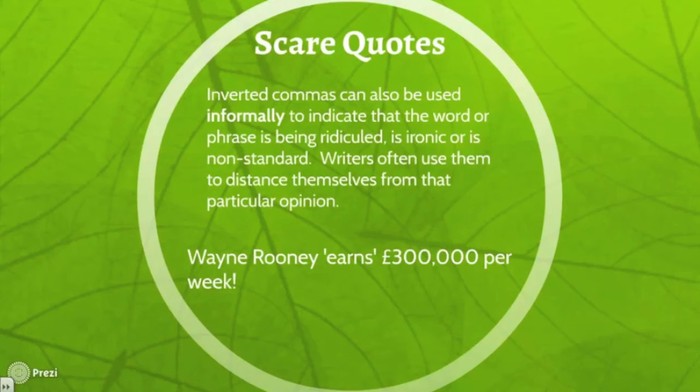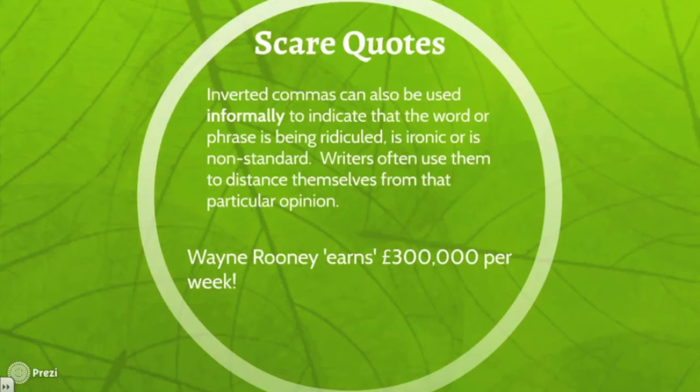But this example here indicates how we can use scare quotes. So the simple sentence, Wayne Rooney 'earns' £300,000 per week, exclamation mark. Now, the word earns is in inverted commas, and therefore the writer is using those to indicate that they don't agree that he actually earns that money per week.